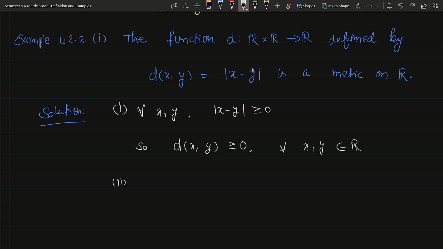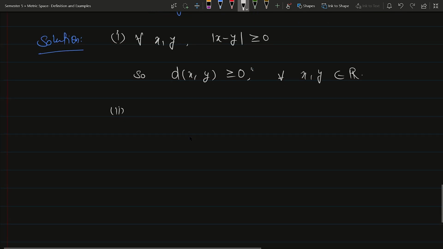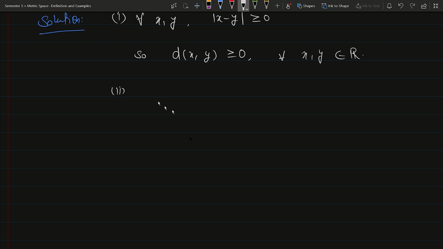Then come to the second property, which is about coincidence. So we know that modulus of x minus y is equal to 0 if and only if x minus y is equal to 0, and that is if and only if x is equal to y.